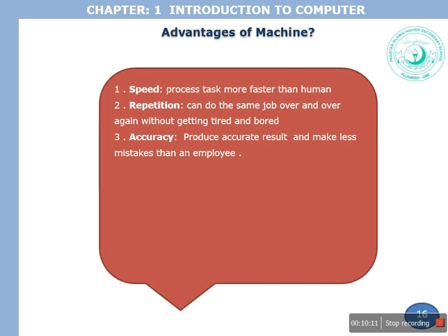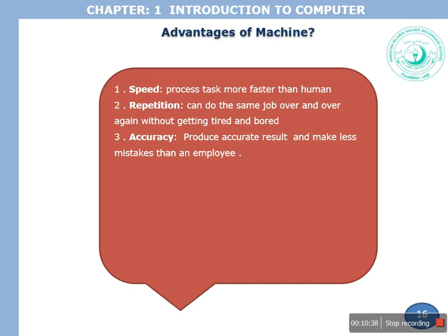Accuracy, yes. For example, if I say 3 multiplied by 4, it is very easy, 12. If I assign you a task, for example, multiply 1000 with 2000, you can easily multiply.